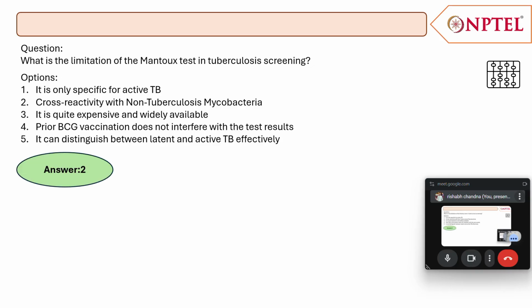So, the correct answer is that cross reactivity with non-tuberculous mycobacteria can also be shown by this test. Okay, so it will not be able to distinguish between the tuberculosis and the non-tuberculosis bacteria.